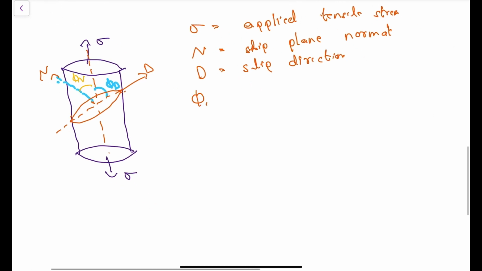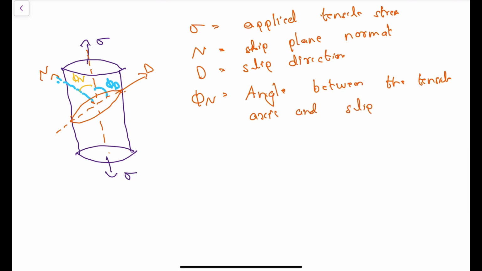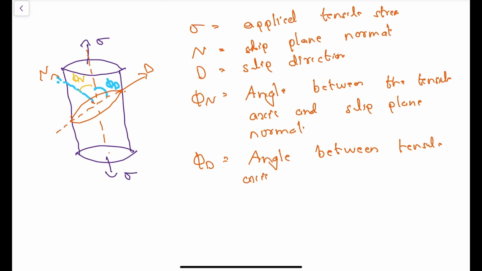Phi n is the angle between the tensile axis and the slip plane normal, and phi d is the angle between the tensile axis and the slip direction.